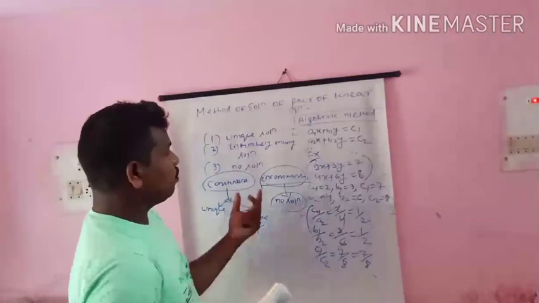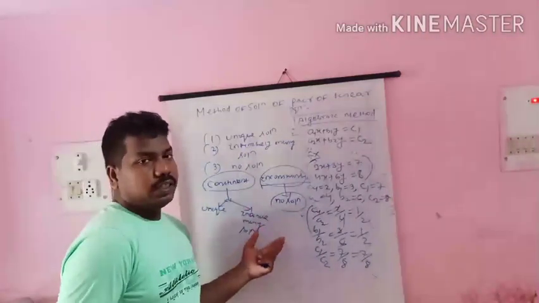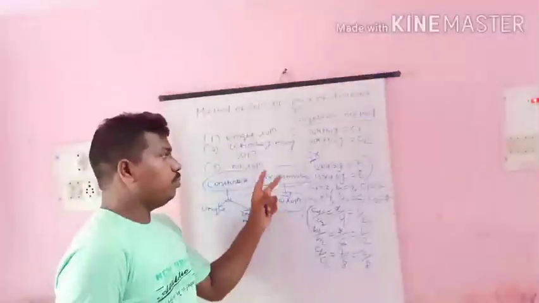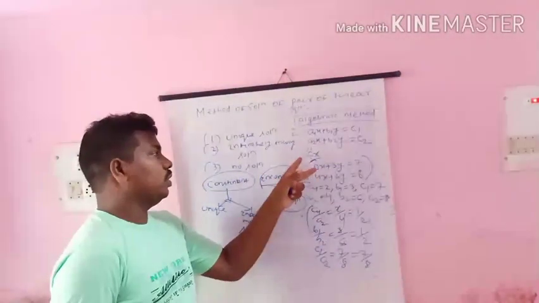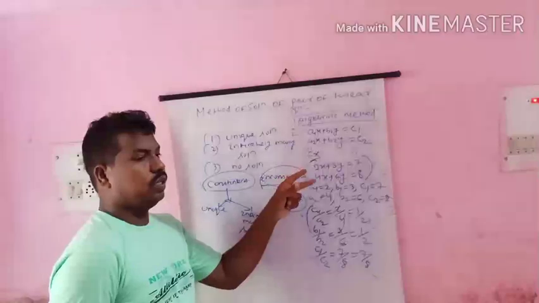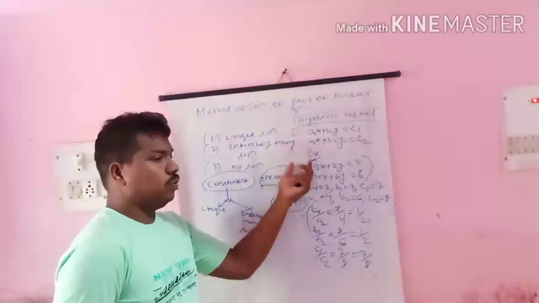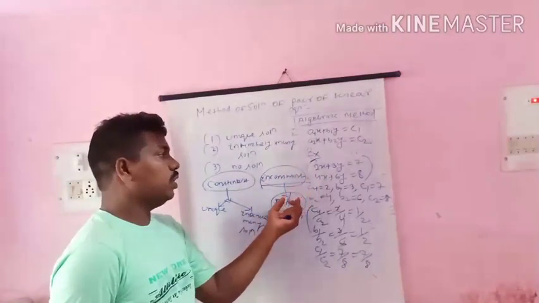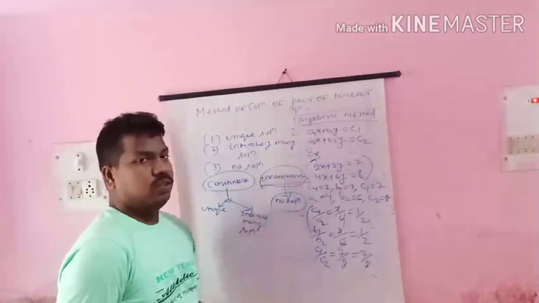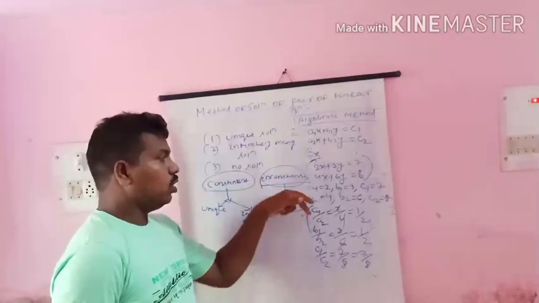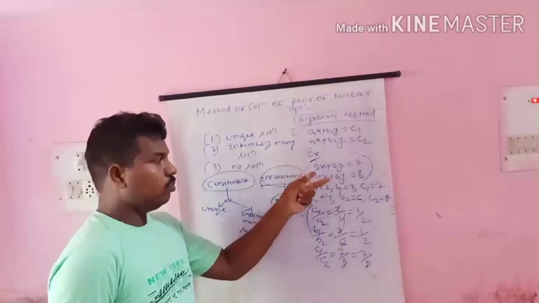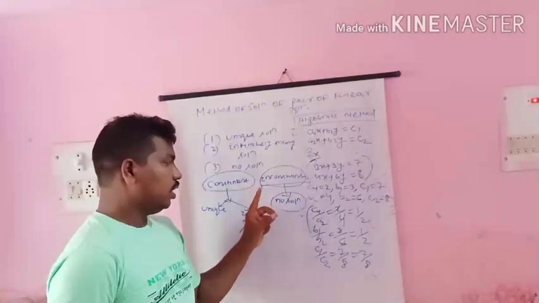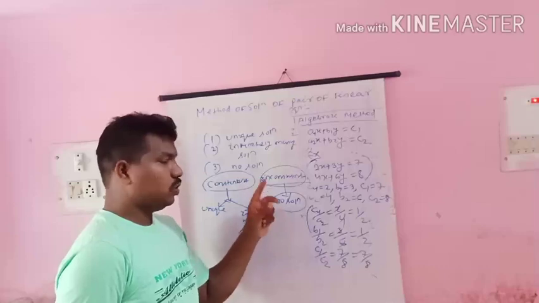So sometimes the question will be asked in the CBSE board examination: if a pair of linear equations gives no solution, then what type of solution will arise? It may come as a multiple choice question: consistent, inconsistent, no solution, none of these.